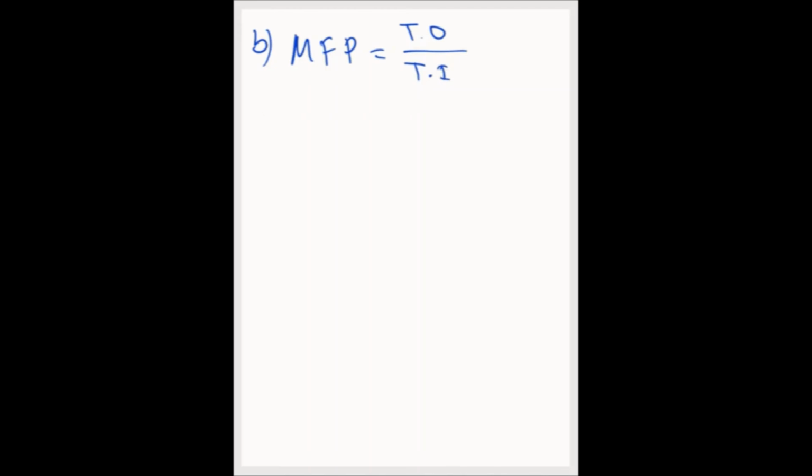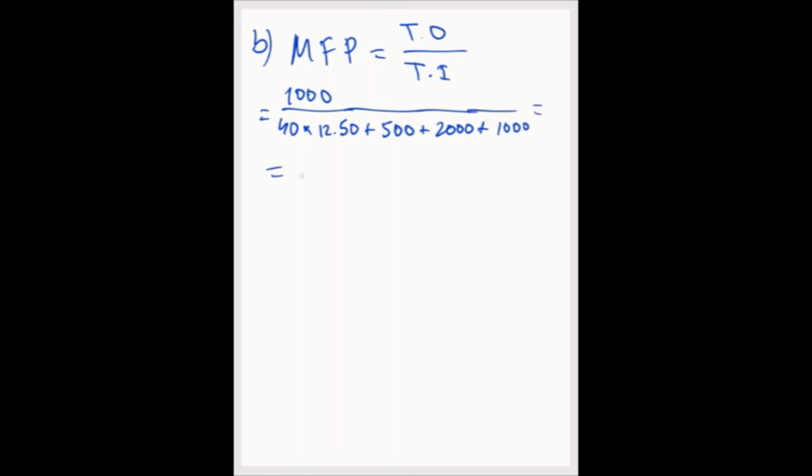So total output for our problem is 1000 bottles of juice, and we have total inputs 40 hours multiplied by 12.50 plus 500 energy plus raw material 2000 plus capital cost 1000.